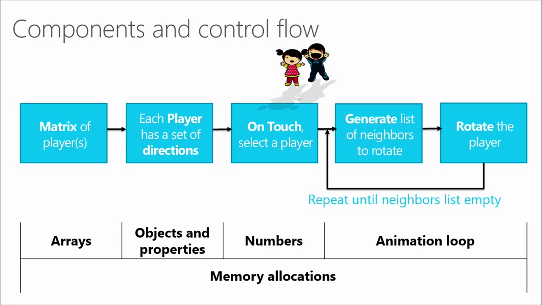We do use an animation loop because it's repeating until the list is generated. So in general, we use quite a bit of memory allocation, right? This is something which is very important. Earlier we talked about memory allocation. This is all tied back to this particular case study.